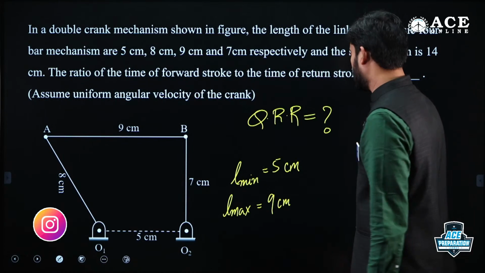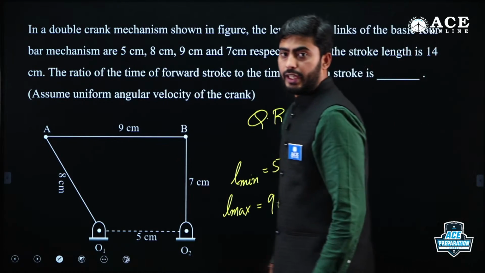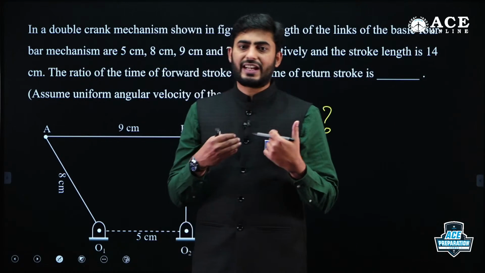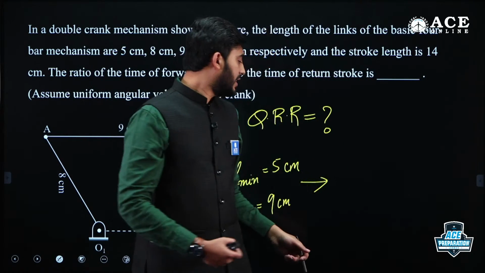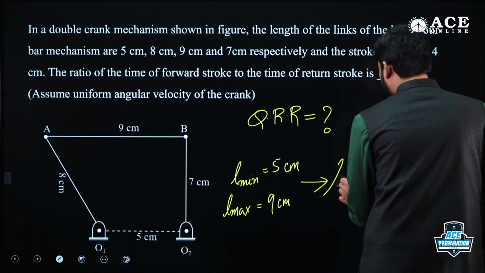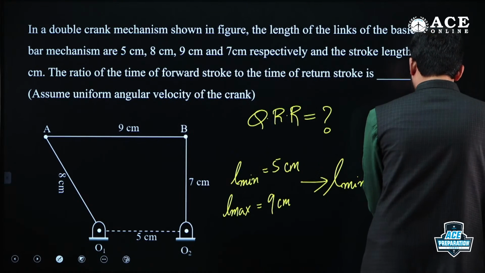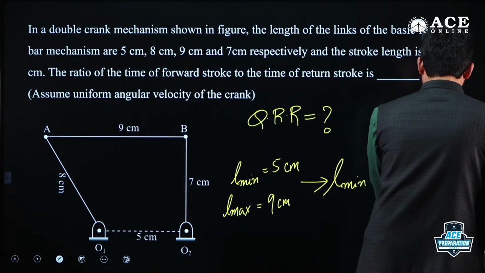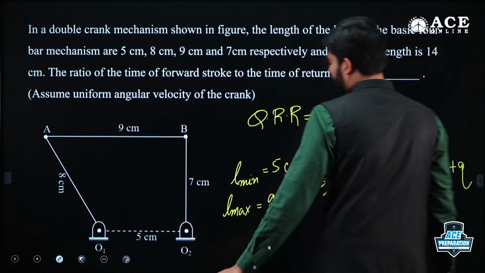Grashof's law states that if there has to be a continuous transmission of relative motion, the summation of the shortest link plus the longest link must be less than or equal to the summation of the other links.